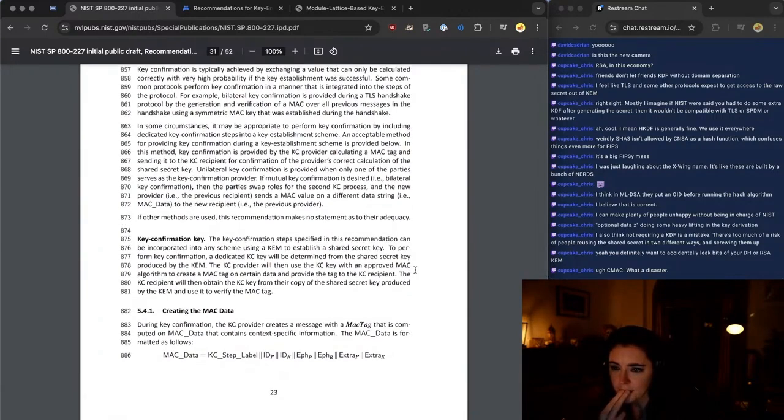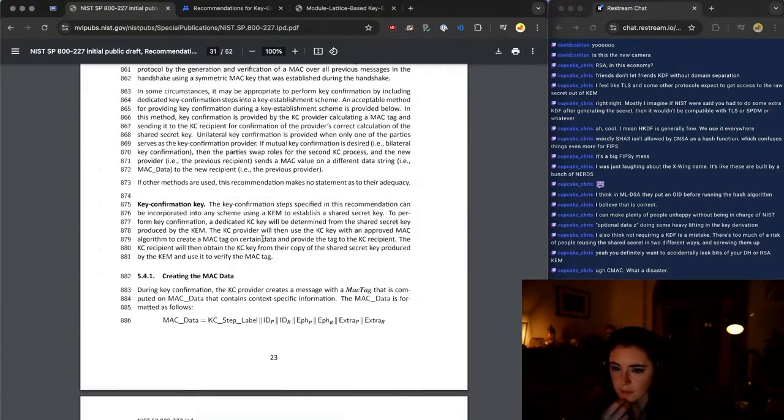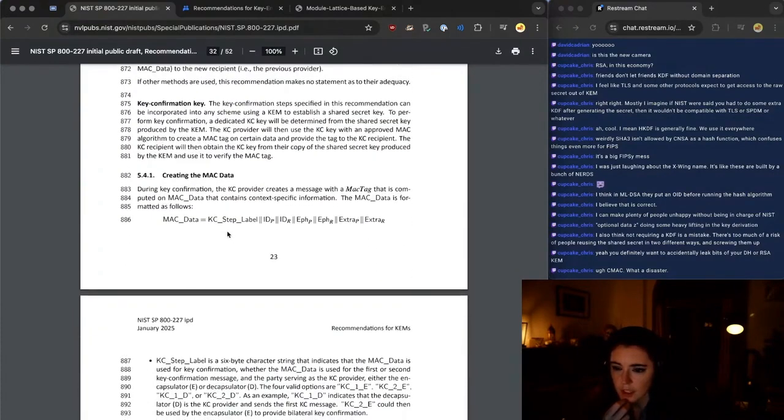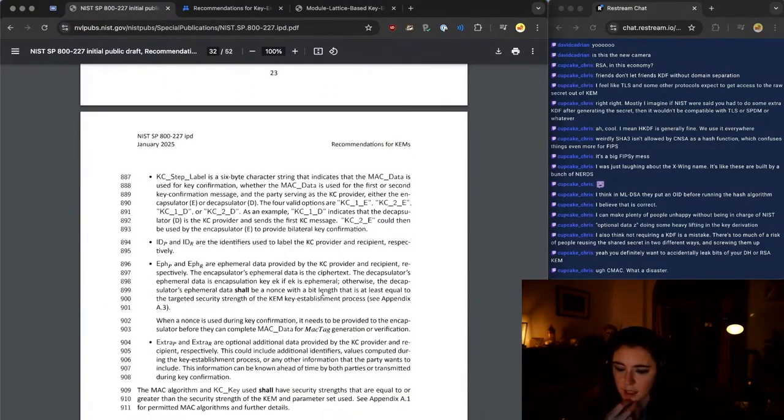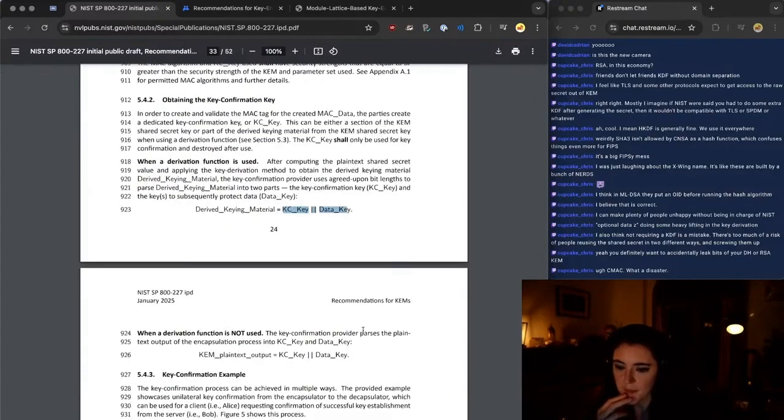Yeah. You perform key confirmation, including dedicated key confirmation steps, into a key establishment scheme, method below. Okay, yeah. This is constructing your MAC data. I think I went over this earlier. You split up your key confirmation key and your data key. And so you wouldn't quite do this.